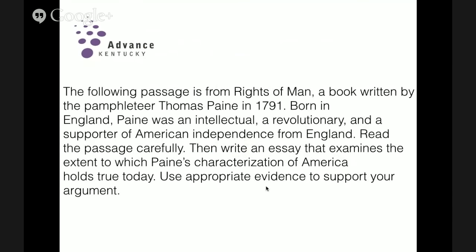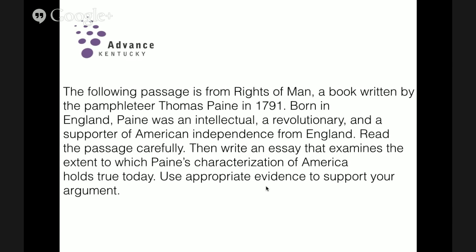Okay, so the following passage is from Rights of Man, a book written by the pamphleteer Thomas Paine in 1791. Born in England, Paine was an intellectual, a revolutionary, and a supporter of American independence from England. Read the passage carefully, then write an essay that examines the extent to which Paine's characterization of America holds true today.